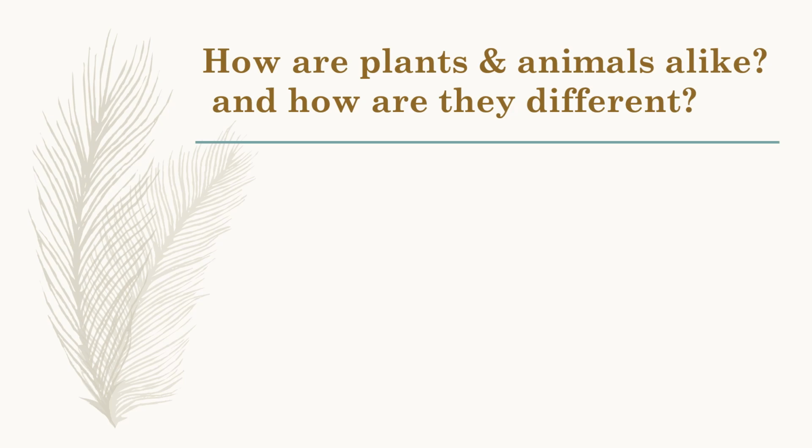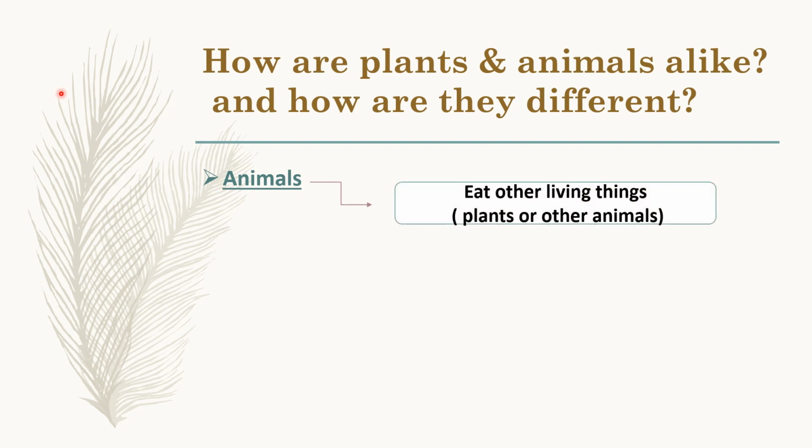Now come back to our lesson title. How are plants and animals alike, and how are they different? First, animals. Animals eat food, even plants or other animals. So animals eat other animals, like we eat meat, or plants, we eat vegetables and fruits.